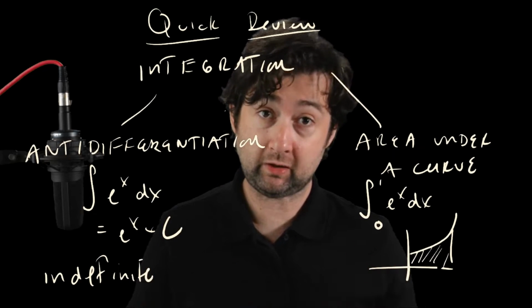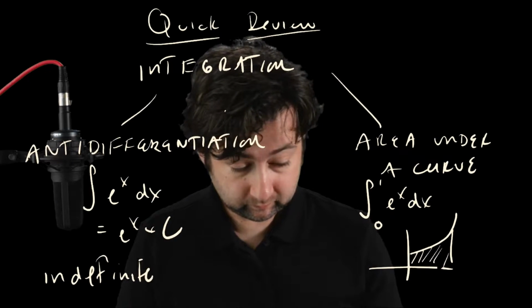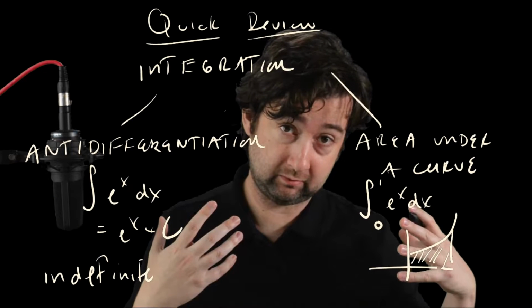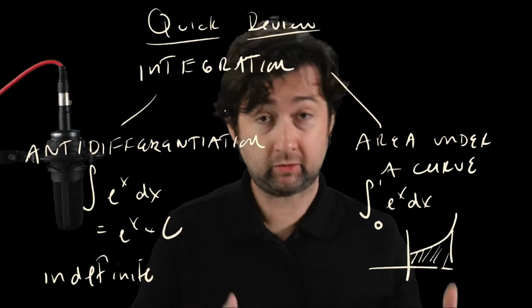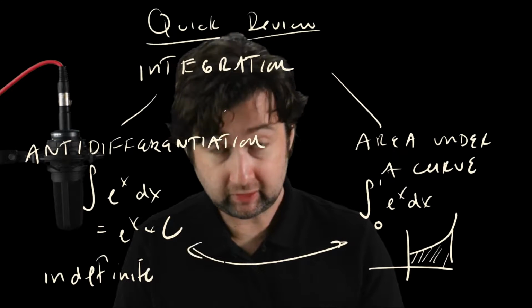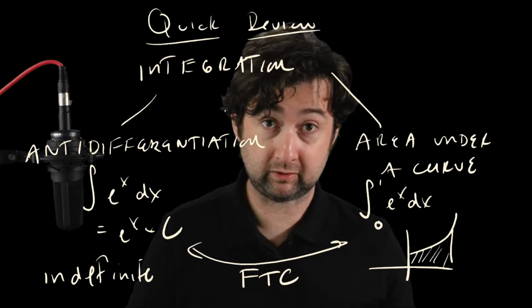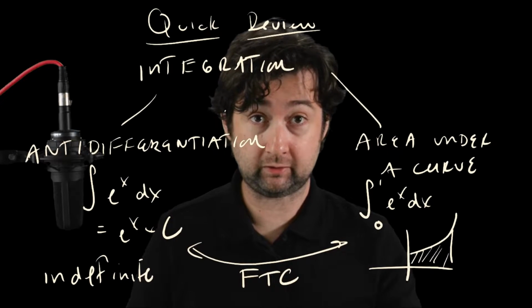And the fundamental theorem of calculus was the tool that you use to move back and forth between these two ideas. Or you can calculate an area under a curve using anti-differentiation. So the tool that you use to get back and forth is called the fundamental theorem of calculus. And so I want to remind you what that looks like.